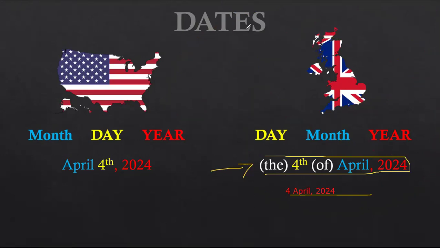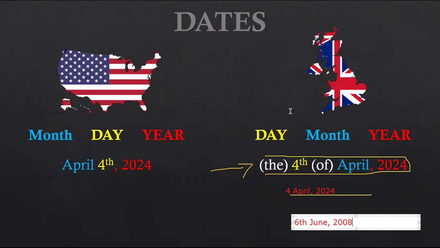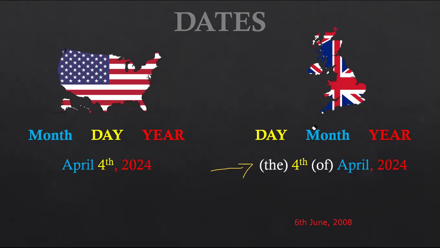So this date over here, for example, 6th June 2008, should be pronounced as the 6th of June, 2008. Just like the 4th of July, the independence of the United States of America.